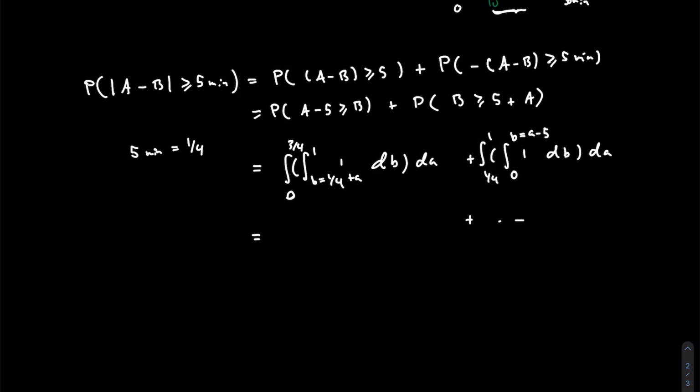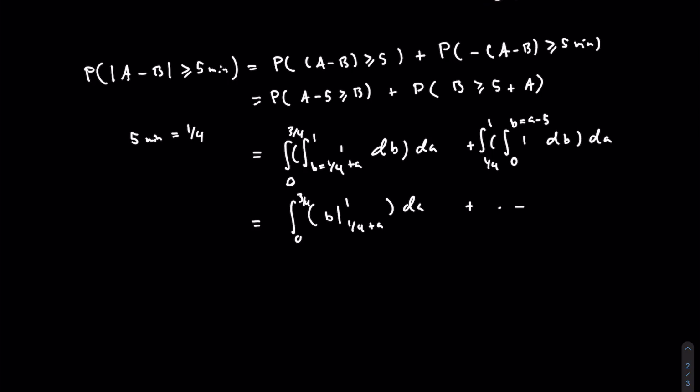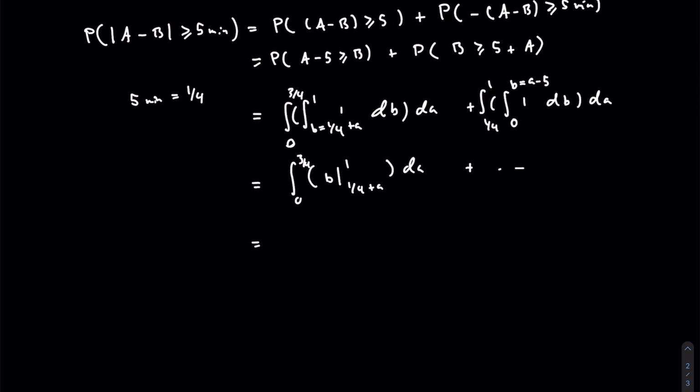Take the inner integral, so that's B. We have 1/4 plus A, 1, dA, from 0 to 3/4, and that is 1 minus 1/4 minus A, dA, from 0 to 3/4.